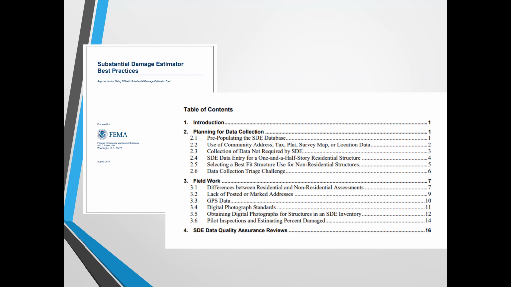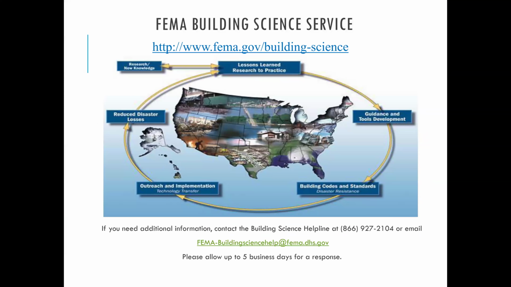I would definitely recommend downloading all of those and having them on hand for when you need them. I use the substantial improvement desk reference quite often. It's a much longer document and very detailed, but all of those are helpful. If you run into trouble, there is a FEMA building science helpline.